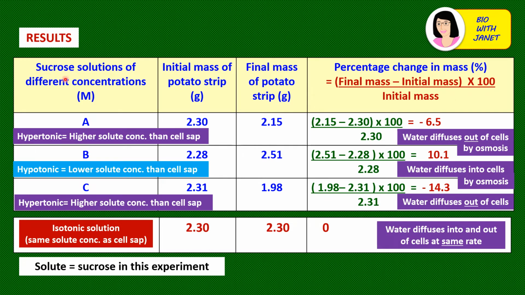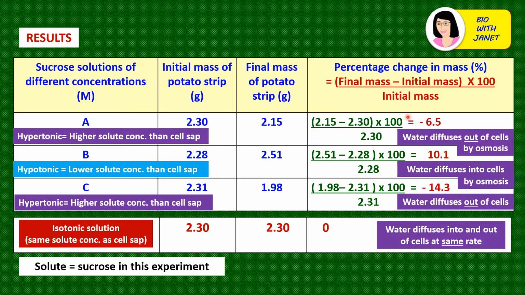We have the sucrose solutions of different concentrations, A, B, and C, but the concentrations in this case are not known. Here are the initial mass and the final mass of the potato strip after soaking it in the sucrose solution, and from there we calculated the percentage change in mass according to this formula.